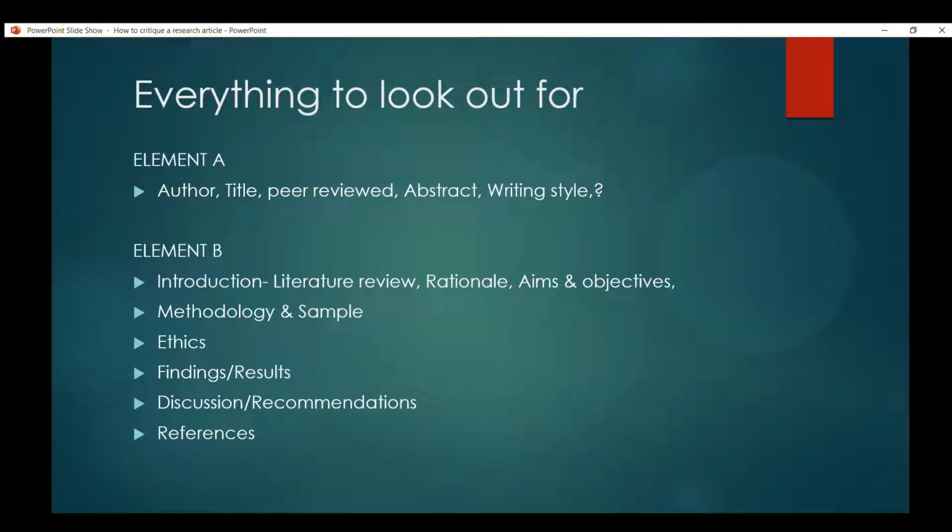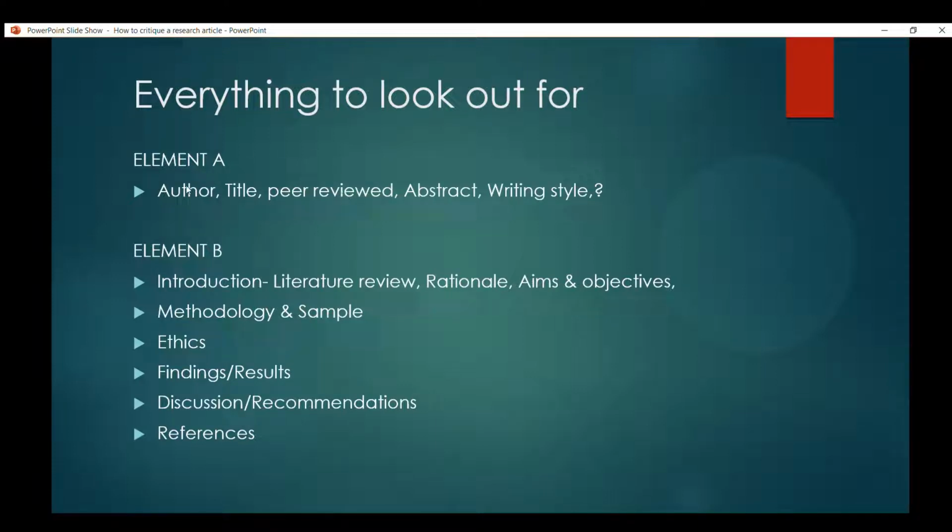If you pick out a research paper, there are different sections, and this covers almost all the sections. So I grouped it into two elements, which is element A and element B. The reason why I did that is the element A part is the believability part. Let me name it as the believability part, which is the part where, whenever you want to skim a paper or an article, this is the part you usually just skim through to determine whether it's worth reading at all.